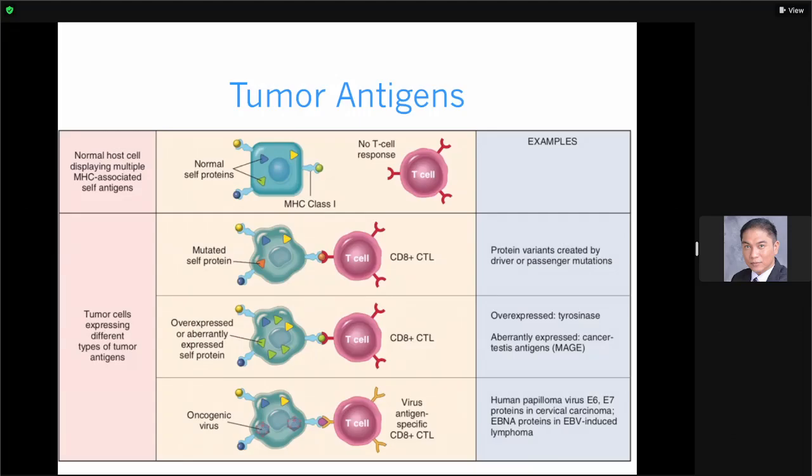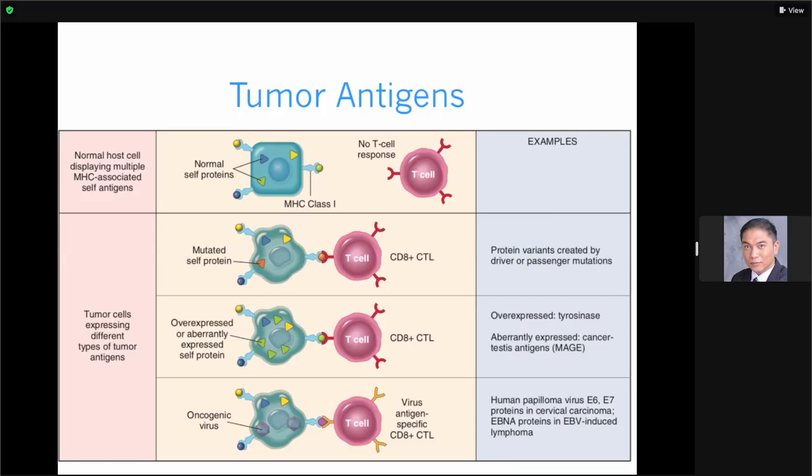Second is yung overexpressed or aberrantly expressed self-protein. So overexpressed like, this is a normal molecule pero sobrang dami niyang express. Nagiging parang antigen na rin siya. Tyrosinase. So yung mga yan can serve as antigen.